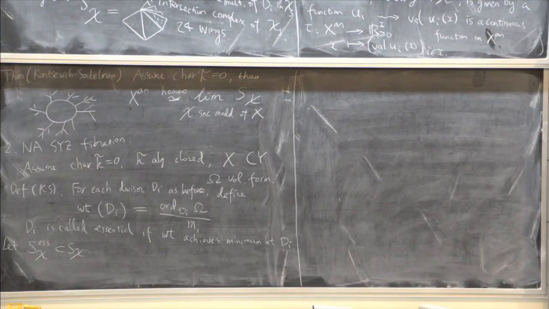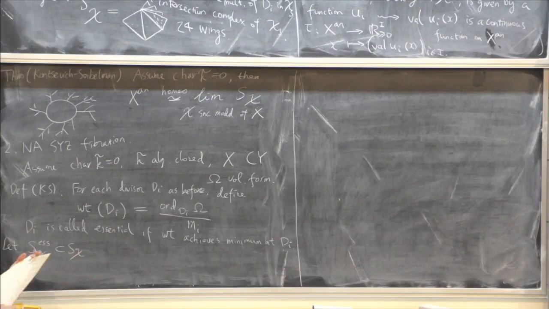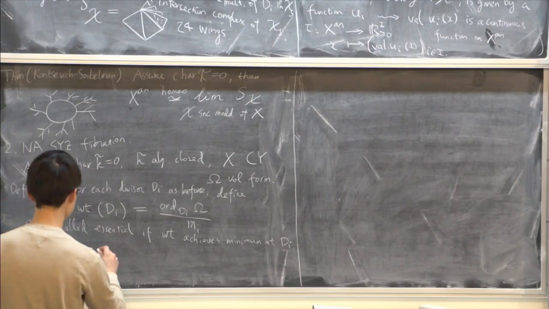You can multiply so that the minimum is -1, for example. Let this be the subcomplex.